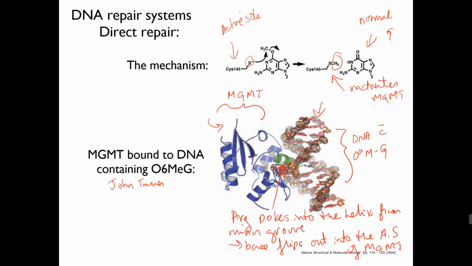Okay, so technically, the base should be sitting in here with all its friends, but now it's kind of out here. And where out here is, is the active site of the MGMT enzyme. So the enzyme basically pokes a finger into the helix, rotates the damaged base out into its active site, where it can then catalyze through nucleophilic attack this methyl transfer reaction. So a pretty cool arrangement.